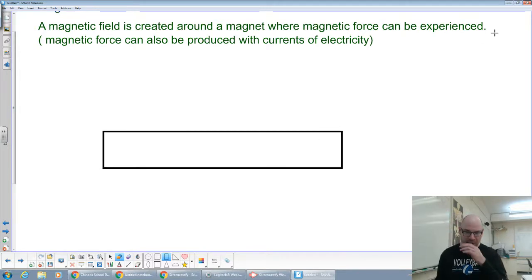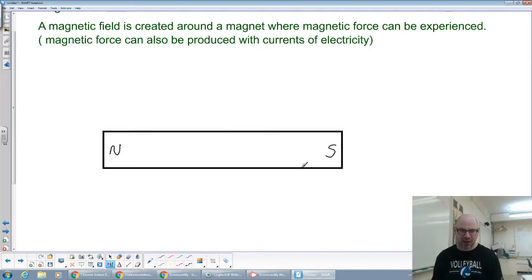This is our bar magnet. So what you'll have around this, you will see each of the poles. So let's put the poles down here. Okay, our north pole here and our south pole here.